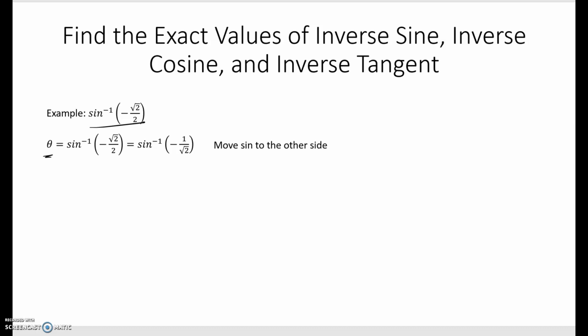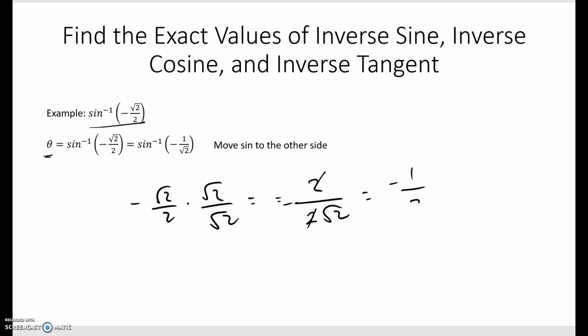And then I'm going to unrationalize the negative square root of 2 over 2, which will give us 2 over 2 square root of 2. Cancel out the 2's, carry that negative with me. Gives me negative 1 over the square root of 2. Now I'll show you why I do that here in just a second.